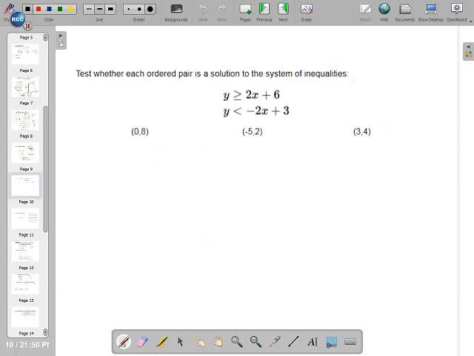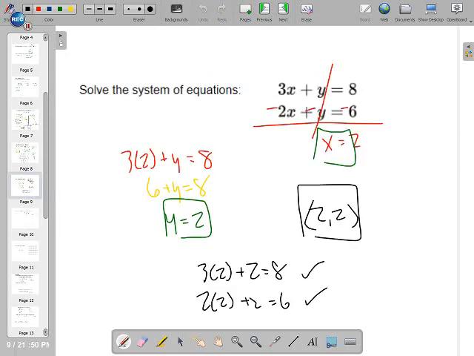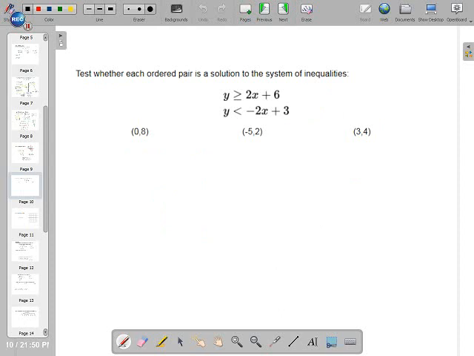Tell whether an ordered pair is a solution to a system. So if it's a solution to the system, just like back here, that means it satisfies both equations. If I plug 8 in for y and 0 in for x, it should make a true statement. And it has to work in both, so if I plug in 8 for y and -2 times 0, that should make a true statement.